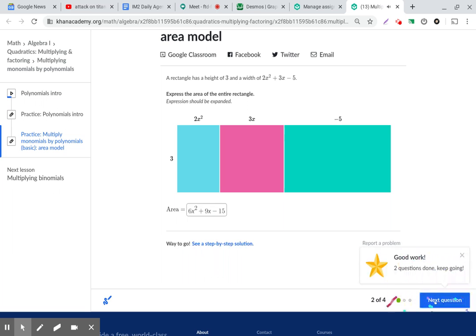Okay. All right. Let me make sure this is in the right thing for you guys. Okay. Practice. Second and third. Assign. Okay. So check your Khan Academy. It should be there now.